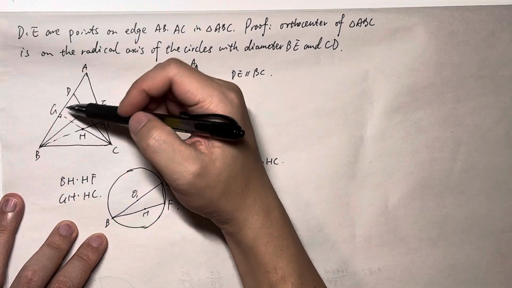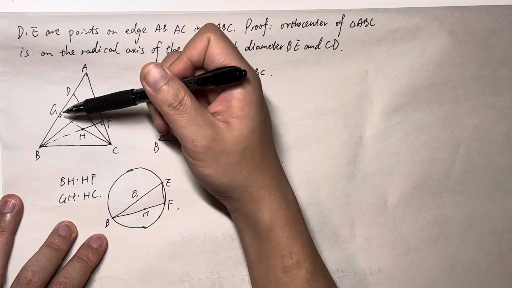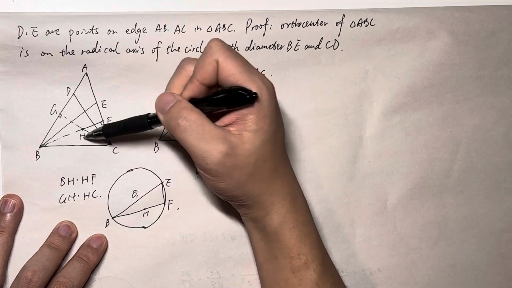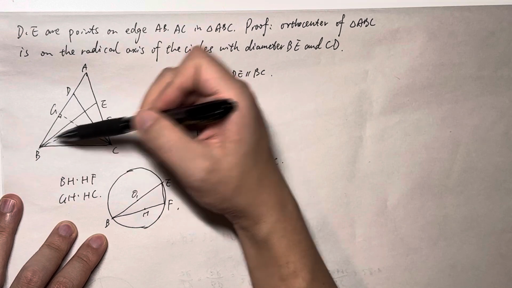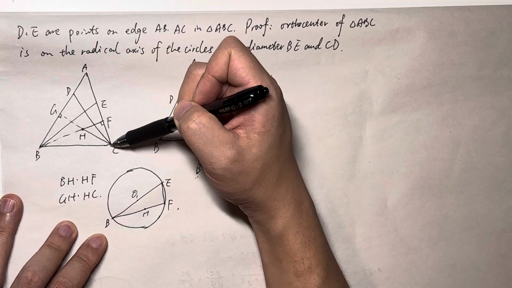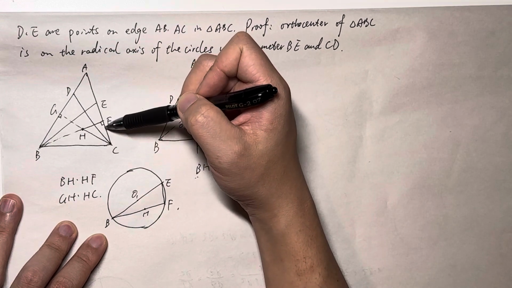Now it's fairly simple to prove because in triangle GBH and triangle FCH, angle GHB equals angle FHC, and they are right triangles.